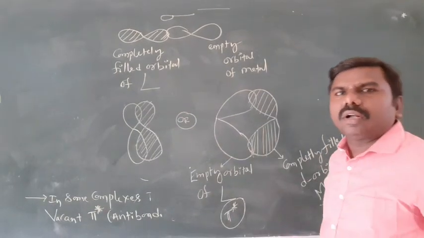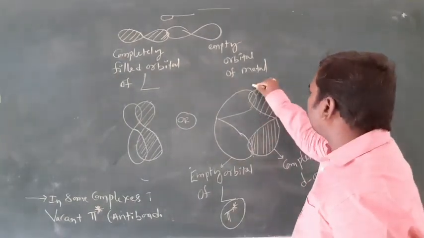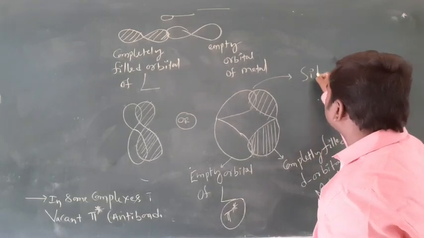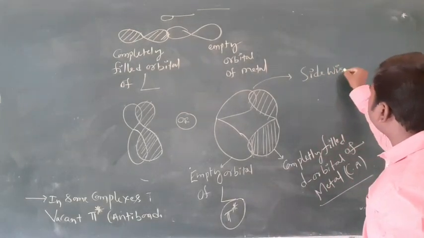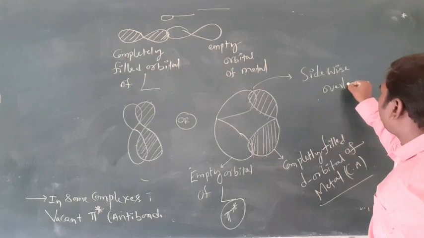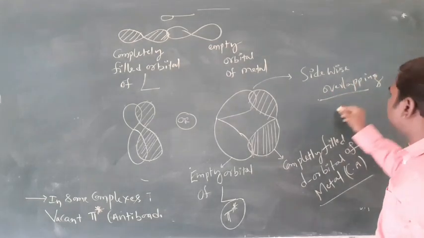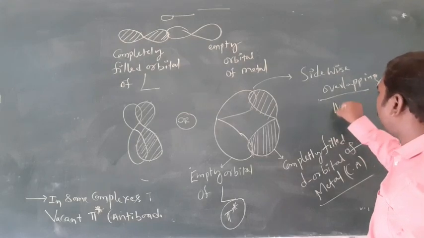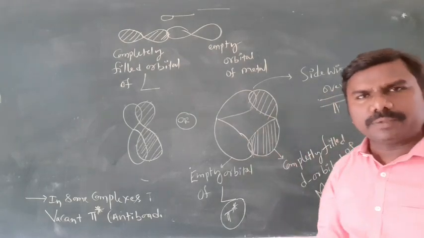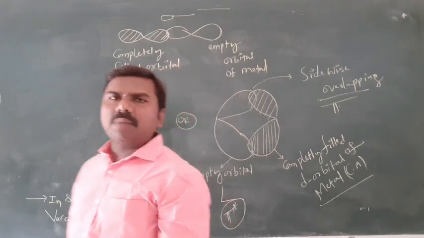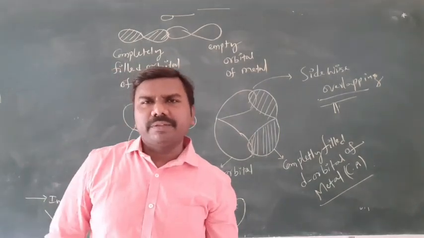Due to the lateral overlapping or the sidewise overlapping, which bond is formed? Pi bond. Lateral overlapping leads to the formation of pi bond.